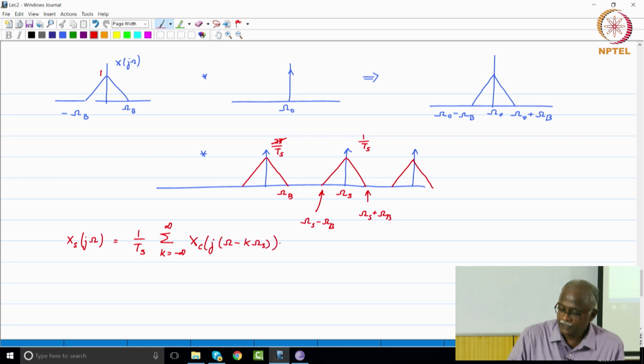This is after the convolution: all the shifted copies of the spectrum, with a scale factor of 1 over Ts, which is already visible from the graph.